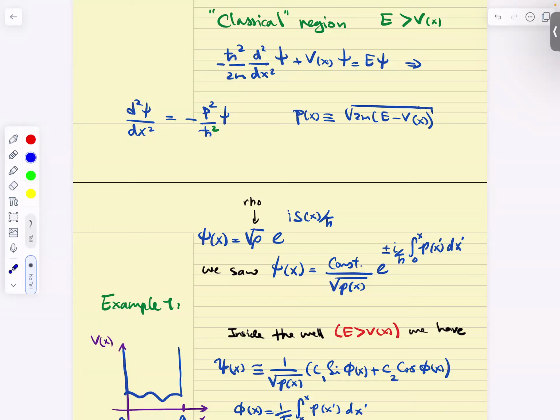If within this box your potential is almost constant, your solution is okay here. Now you just have to patch them, right? So there will be one of the boxes where the approximation breaks down, and you have to solve your equation separately at that point, the way we do here with the Airy functions. You expand the potential to linear order and you solve that, and there will be an interpolating function.